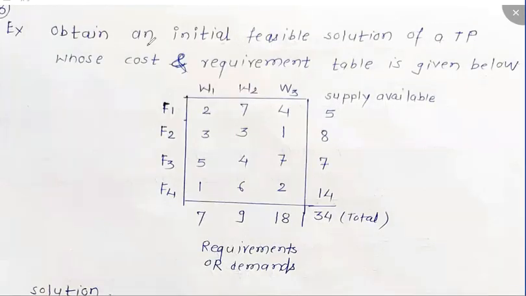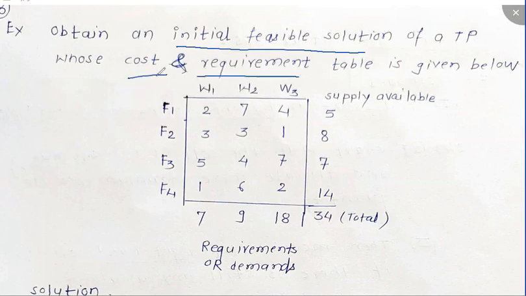So this is the example. Obtain initial feasible solution of a transportation problem whose cost and requirement matrix is given. We know that this matrix gives the cost of transporting one unit from these factories to these warehouses. So this is a cost matrix and requirement table.